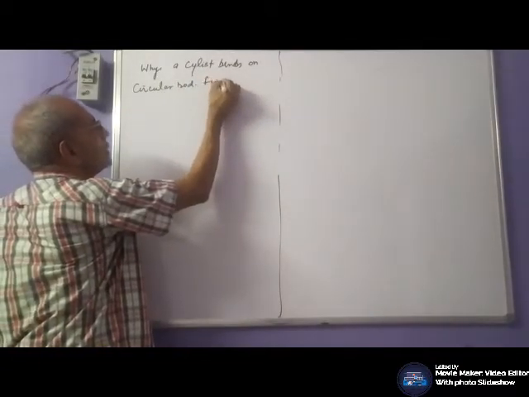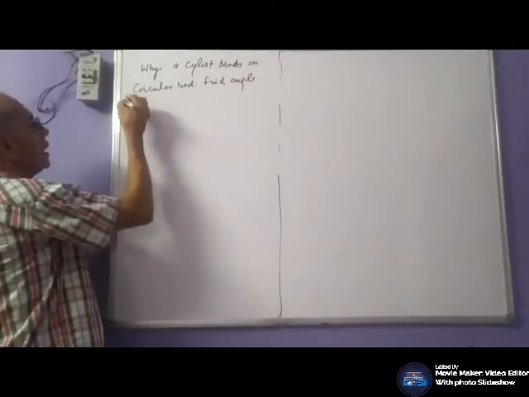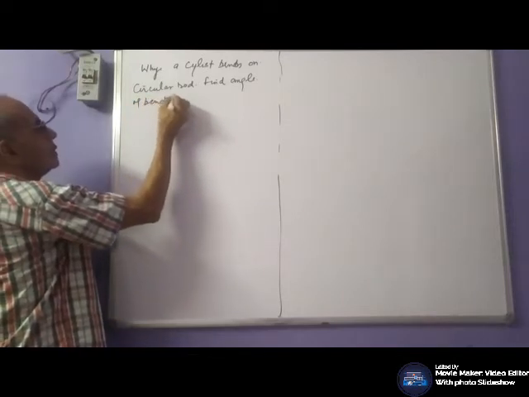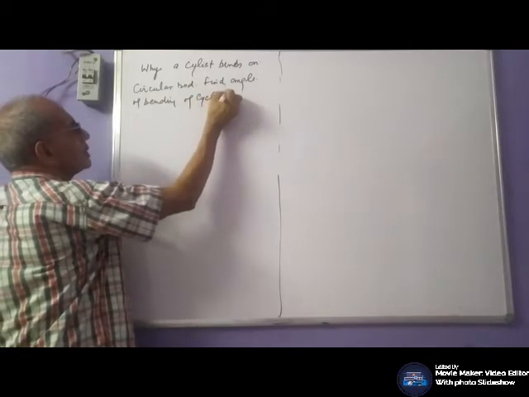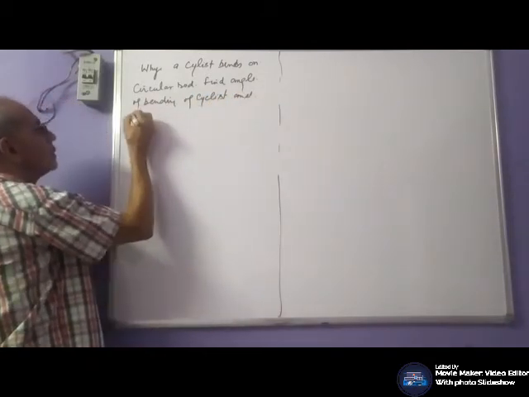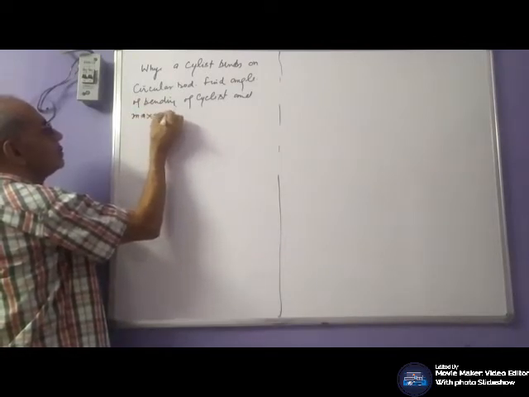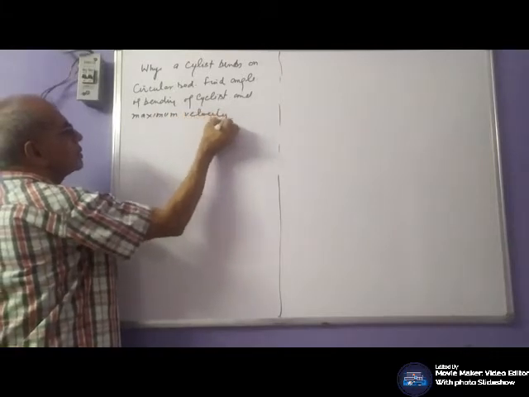Find the angle of bending of the cyclist and the maximum velocity. This is the question.